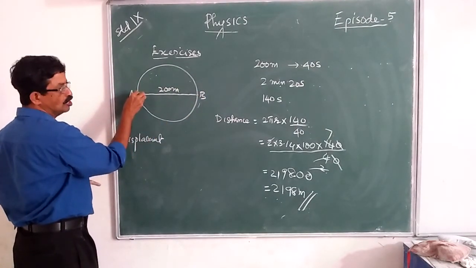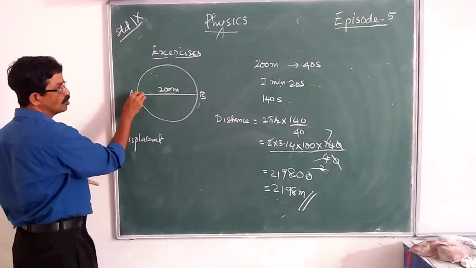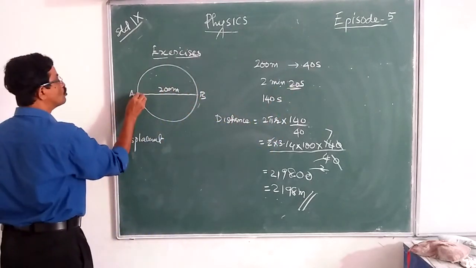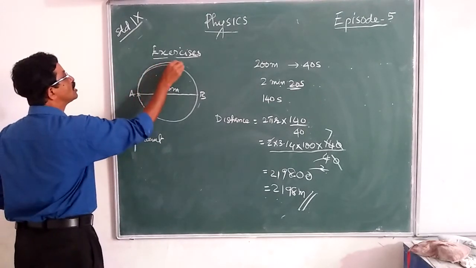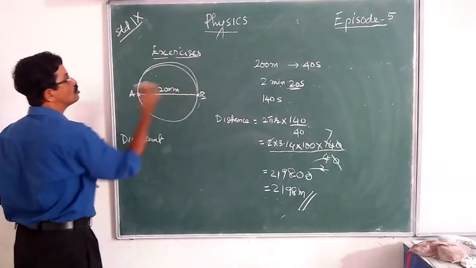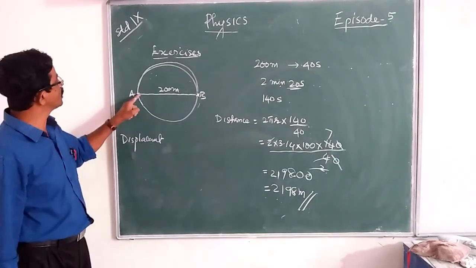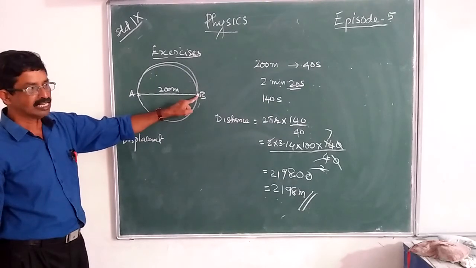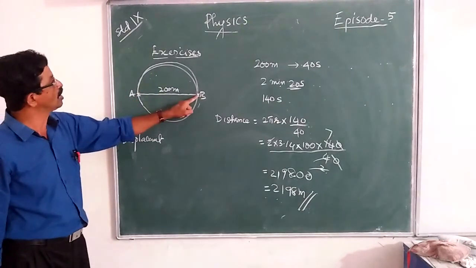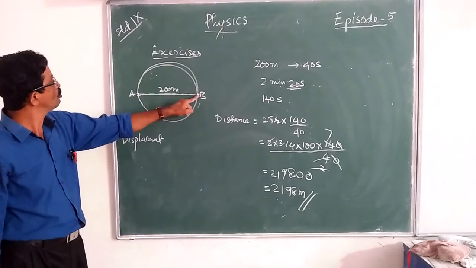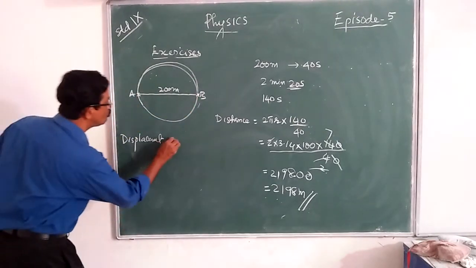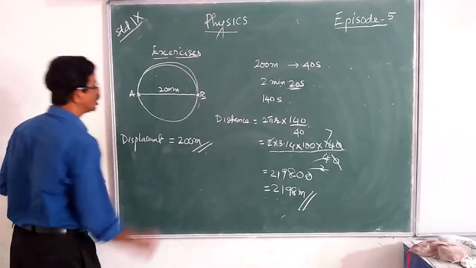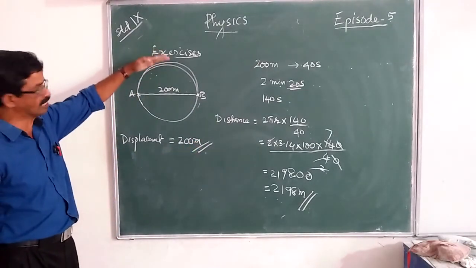That means already 120 seconds is over. Now in the remaining 20 seconds he travels from A in this way and reaches B. Now his initial position is A and the final position is B. So displacement is only 200 meter.